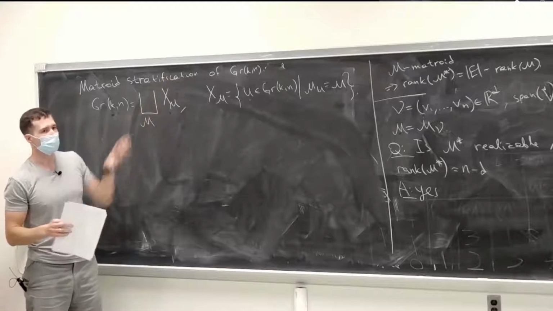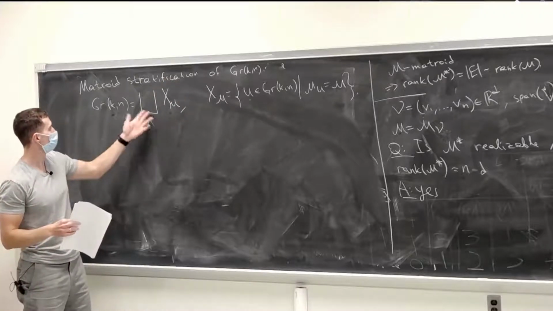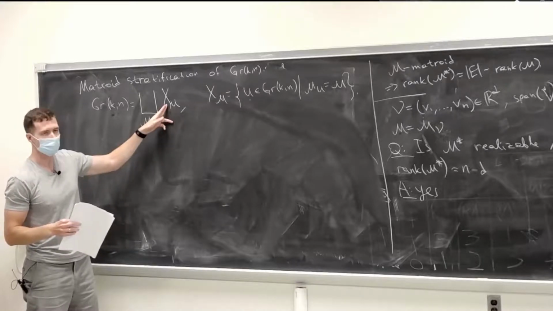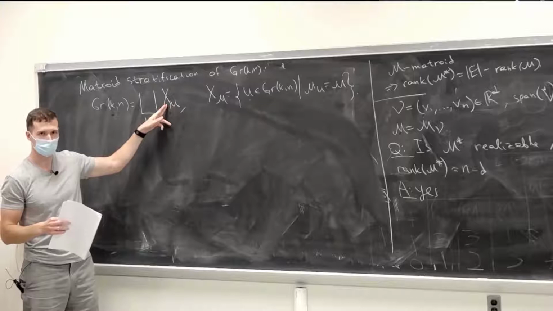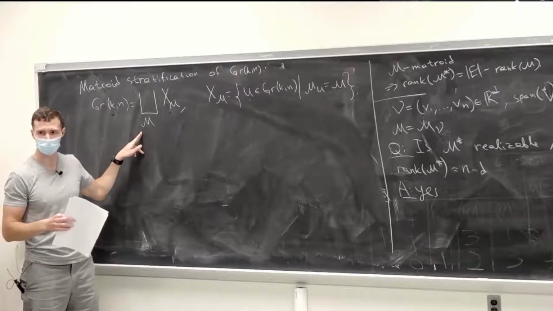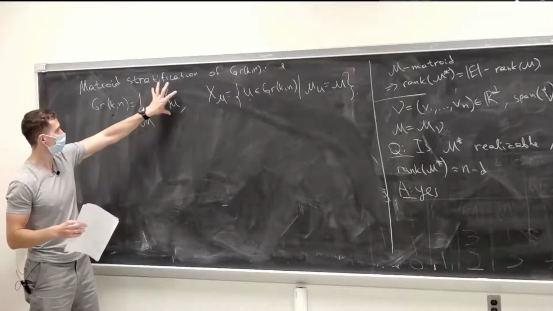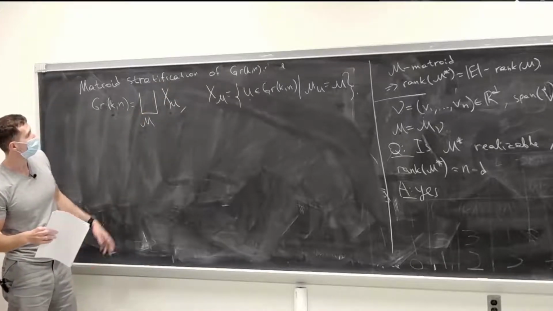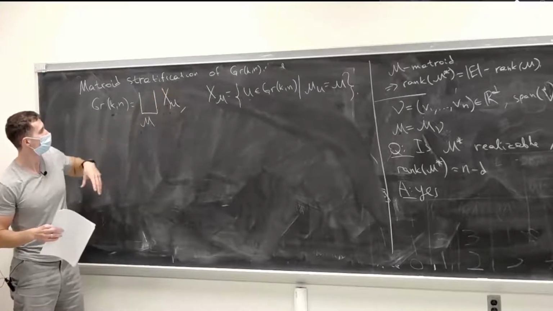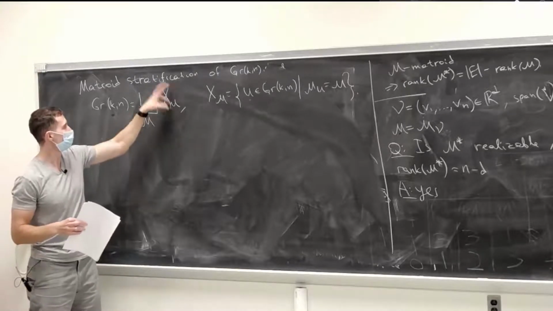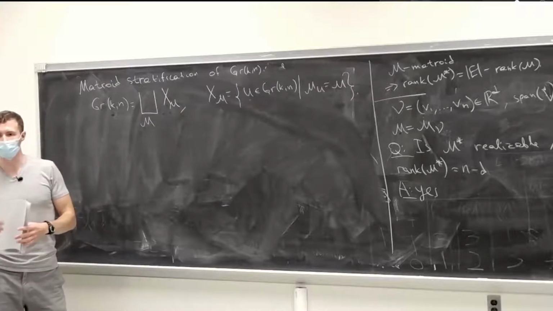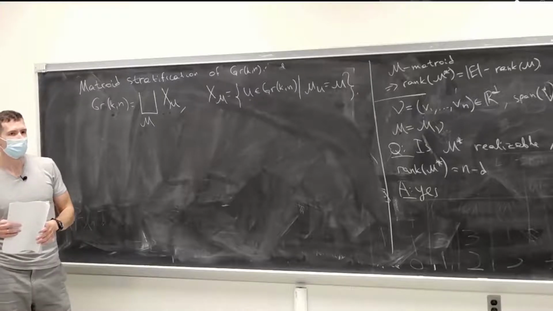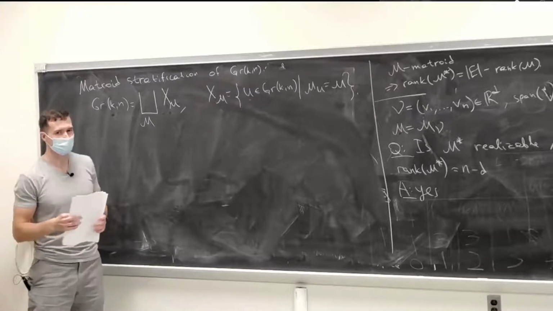Do you think these pieces are nice? Well, first of all, if you take an arbitrary matroid, then the piece is going to be empty whenever your matroid is non-realizable. These pieces actually know about realizability over R. And do you think these are nice as topological spaces, or not nice? Yeah, they should be algebraic varieties. That is true.